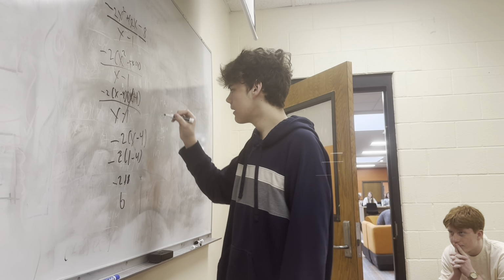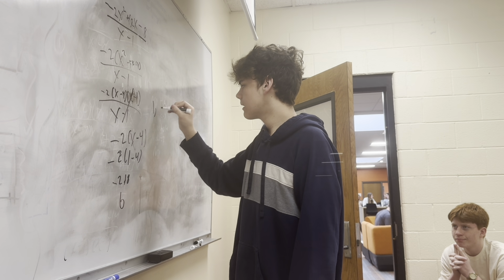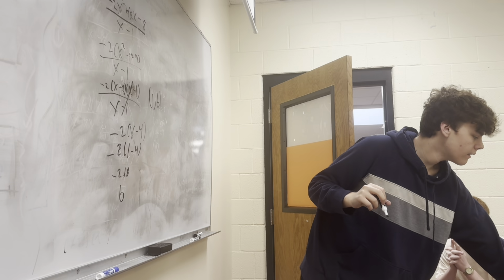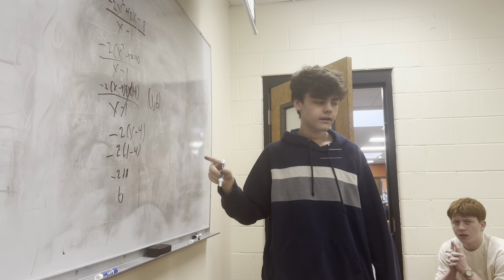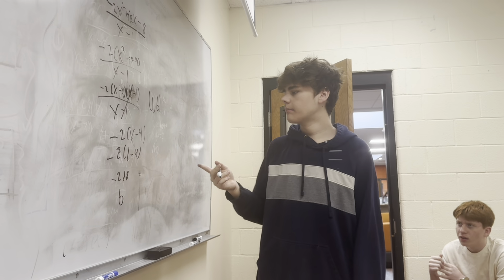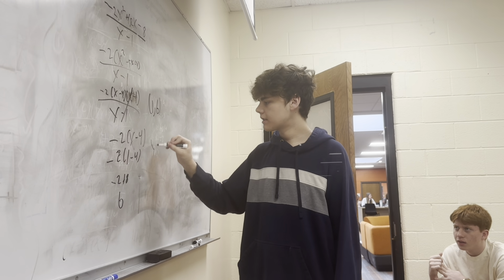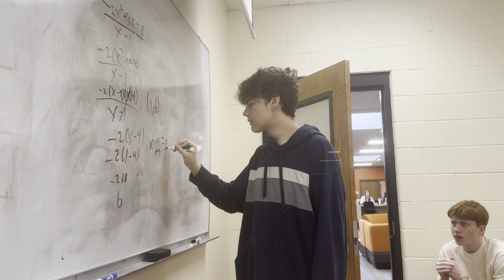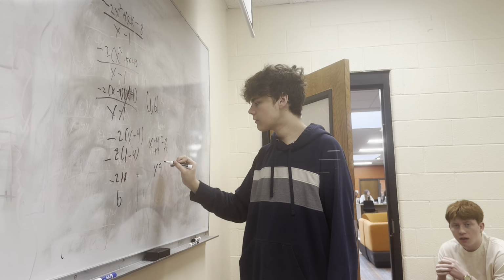So the hole is at 1 and positive 6. For the x-intercept, it's just the numerator, but you only do this part, so it's x minus 4 equals 0, plus 4 on both sides, x equals 4.